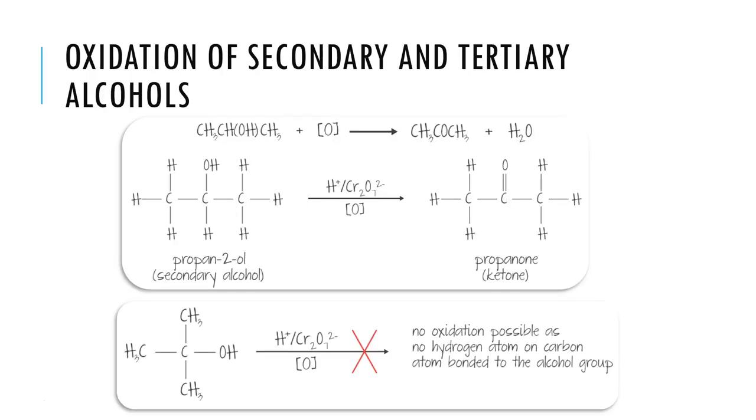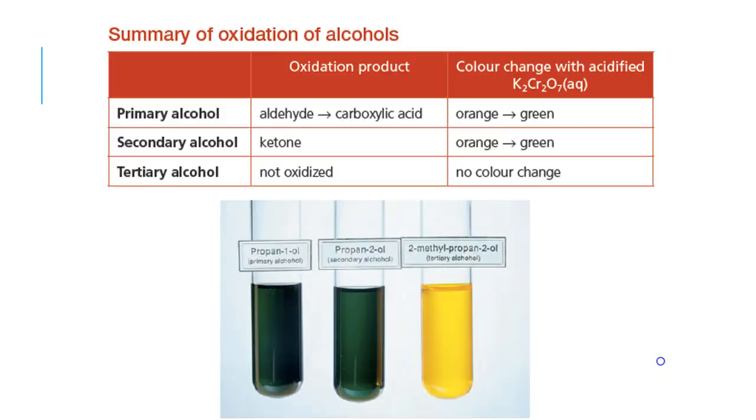Okay, so this is just summarizing those for the secondary and tertiary alcohols. Make sure that you have good copies of these reactions in your notes. A primary alcohol can form an aldehyde and then go through to a carboxylic acid, and we'll have an orange-green color change.